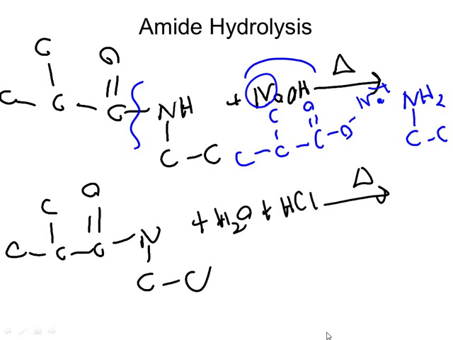The same amide catalyzed by an acid, again, I'm going to start with exactly the same structure. I'm just going to modify it in a different way. So I should have had a plus up here.